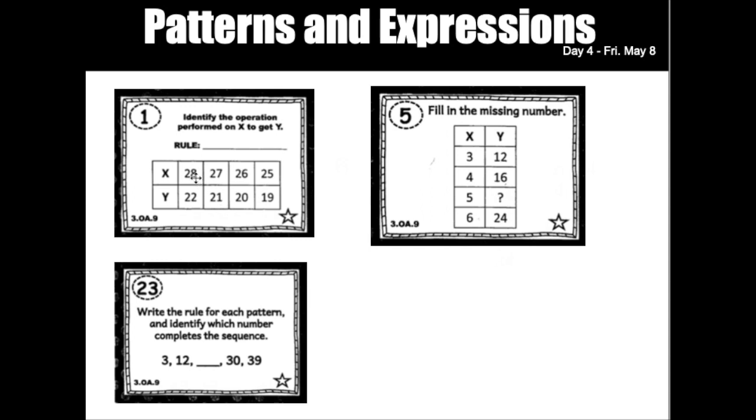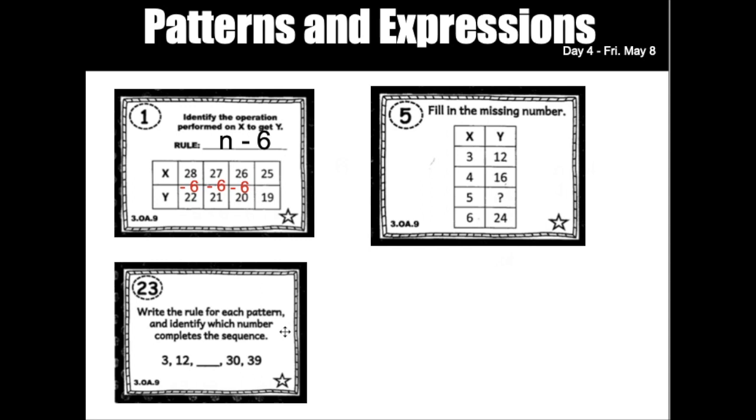I'm going to start with subtraction. 28 to 22 it's minus 6. I'm taking 6 away. Is 27 minus 6 21? Yes. Is 26 minus 6 20? Yep. So my pattern rule is a number minus 6. So I write it with a variable.